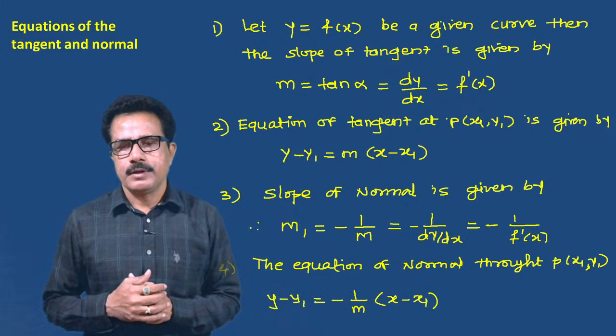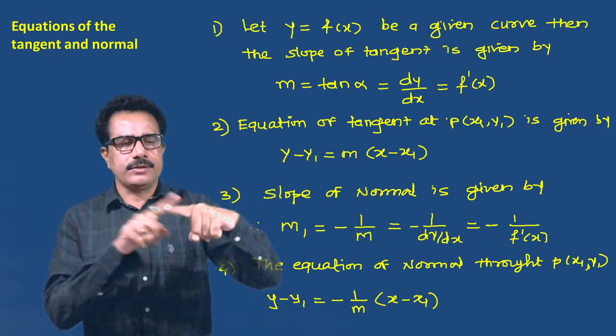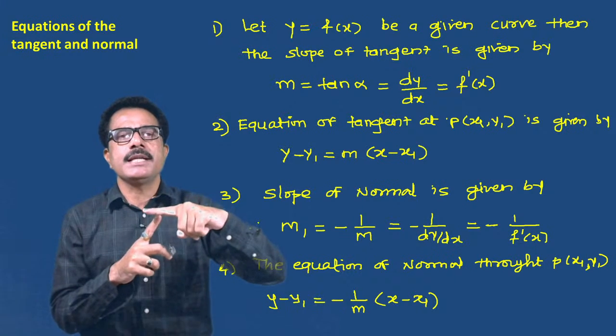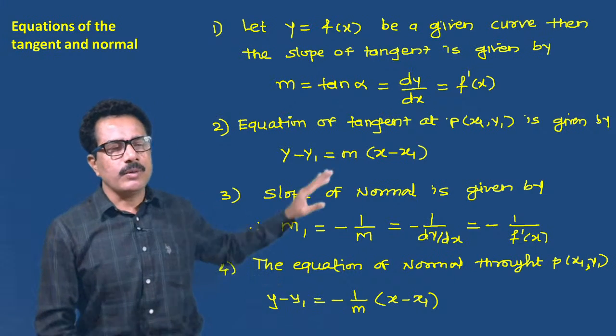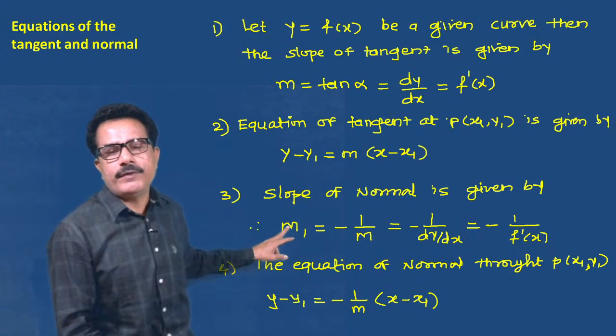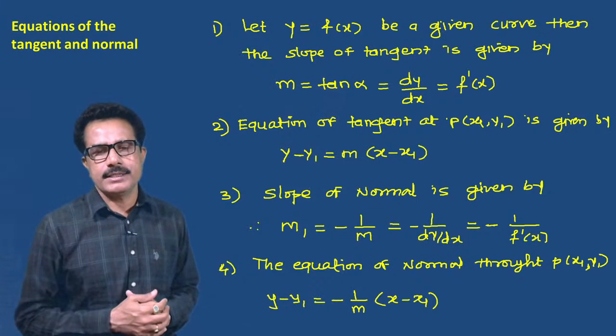Similarly, we know that suppose this is a tangent, then the normal is perpendicular to the tangent. If the slope of a tangent is m, then the slope of a normal is the negative reciprocal of the slope of the tangent.